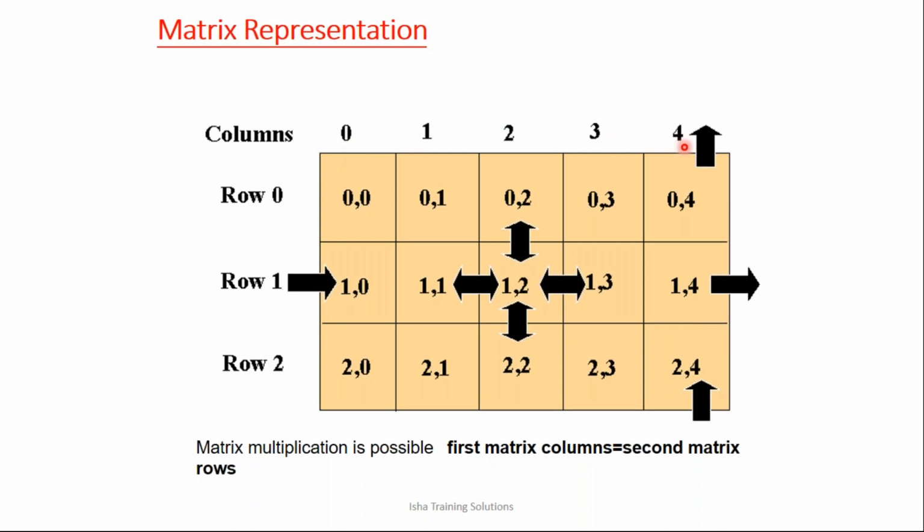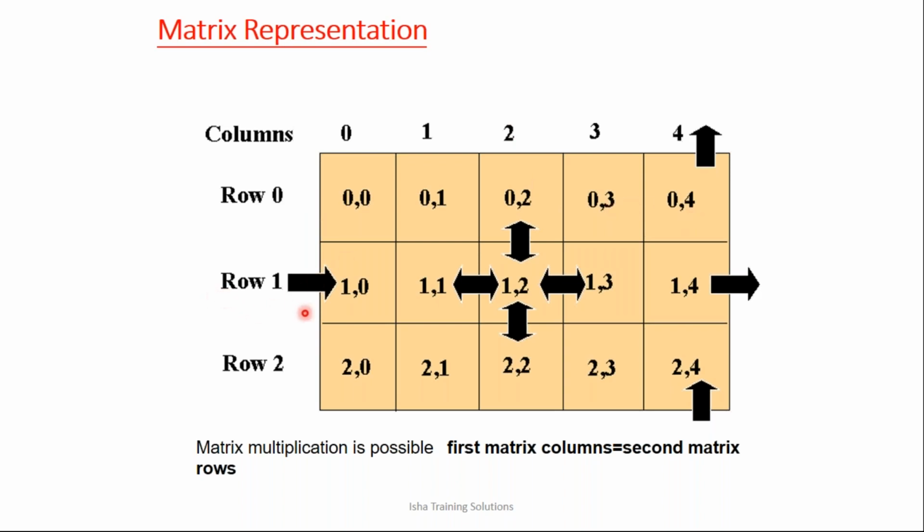Okay. Now, if you want to access this particular cell of the array, we can access it by 0, 0 because it is row 0 and column 0. If you want to access this particular cell, this is row 0 and column 1. If you want to access this, this is row 0 and column 2. This one 0, 3, this one 0, 4.